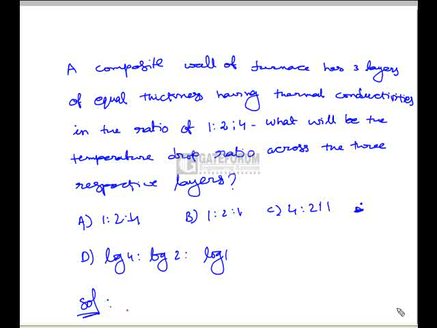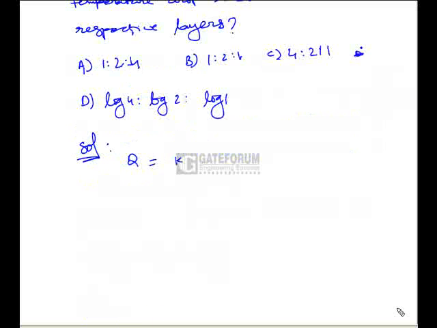Here for a given heat transfer, the temperature drop is inversely proportional to thermal conductivity, because for conduction the heat transfer is given by K A dT by dx. That means if K is high, obviously the dT is less.